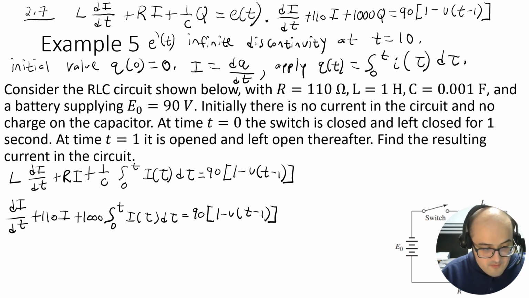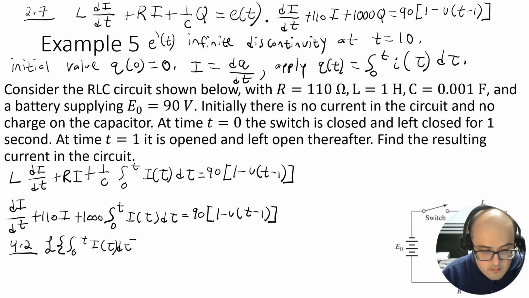So, from section 4.2 that we've done, the Laplace transform of the integral from 0 to t of I of tau d tau is I of s divided by s.